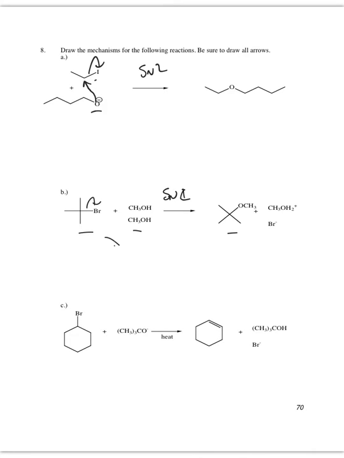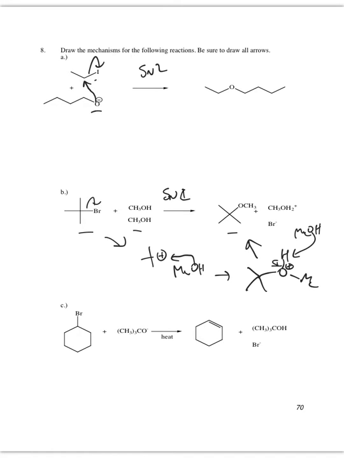So our leaving group leaves, forming the cation, and then the methanol will add to the cation to give us our protonated ether. And then another equivalent of methanol will come in and grab the extra hydrogen to form the neutral methyl ether.